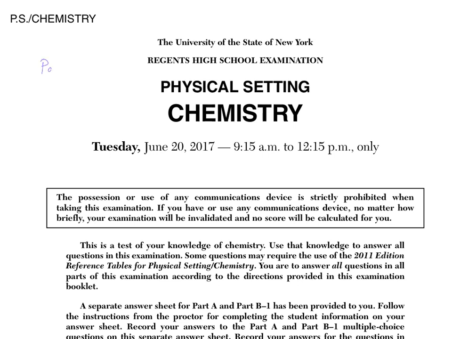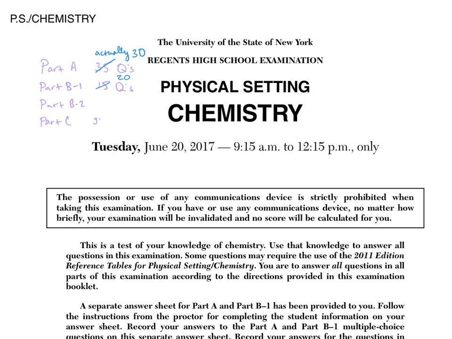But much like physics, part A is 35 multiple choice questions. Part B1 is the other 15 multiple choice questions. Part B2 is the start of the free response section, and Part C is also another.